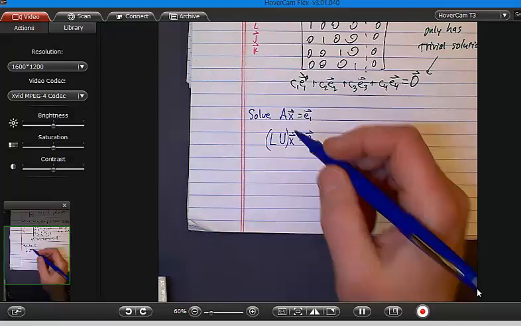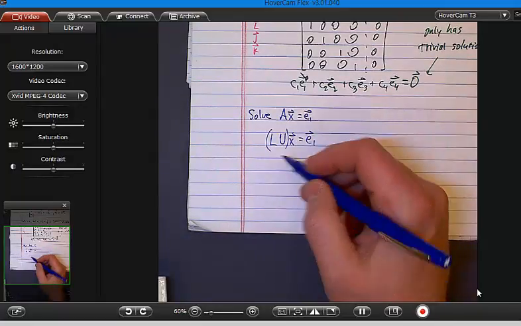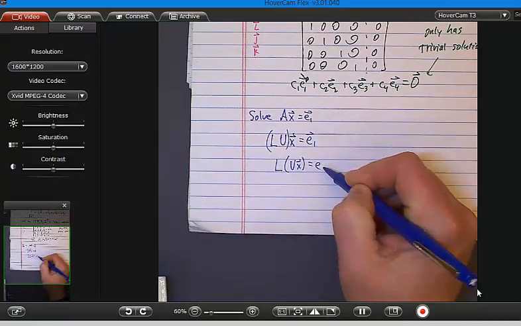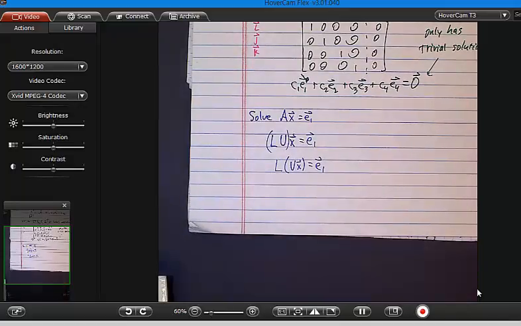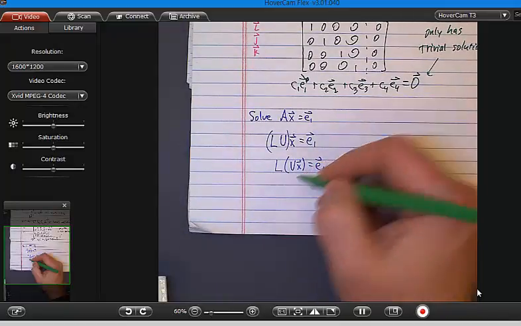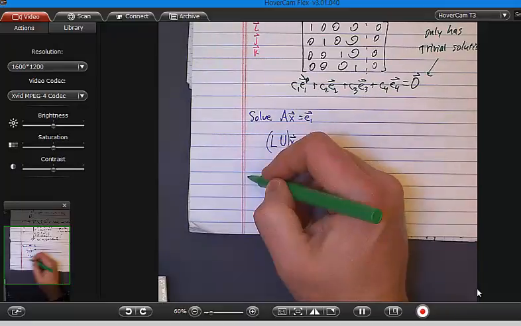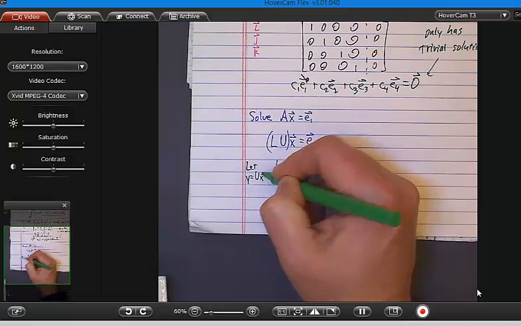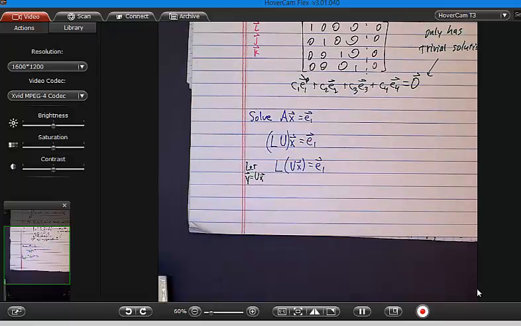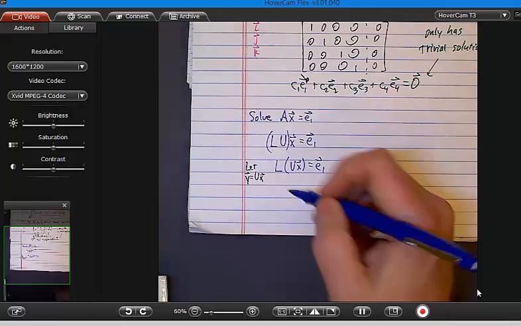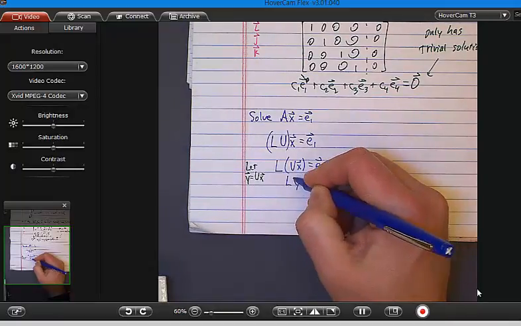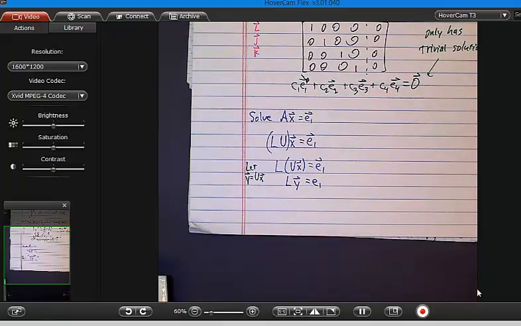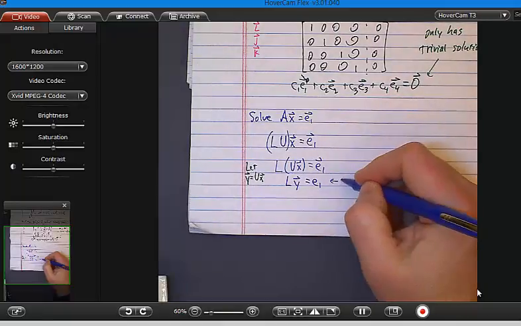So then you use the associative property, and then we're going to let y equal U times X. So y is another vector. It's whatever U times X is. And so we're going to solve Ly is equal to E1. Solve this first.